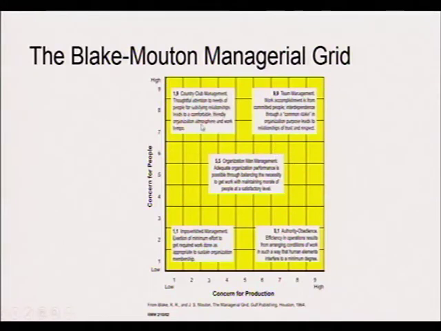And the middle one, which is the organization management, is leveled. Neither does it have more concern for production nor for people. It's all at the same level. That is marked as 5.5.